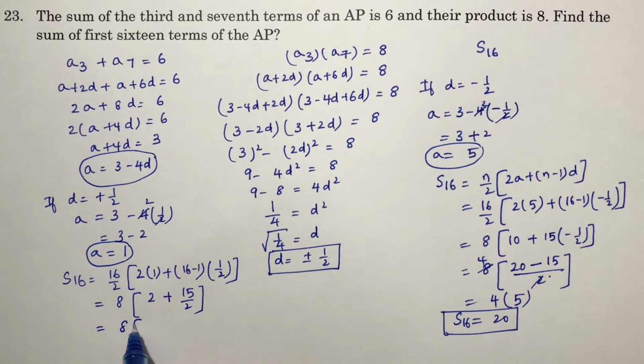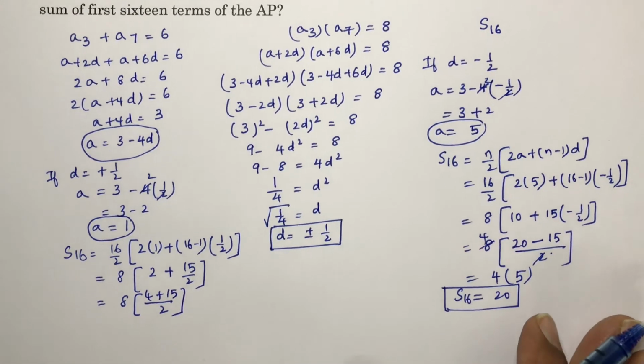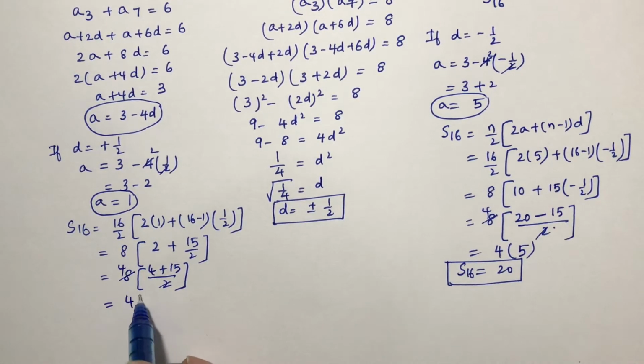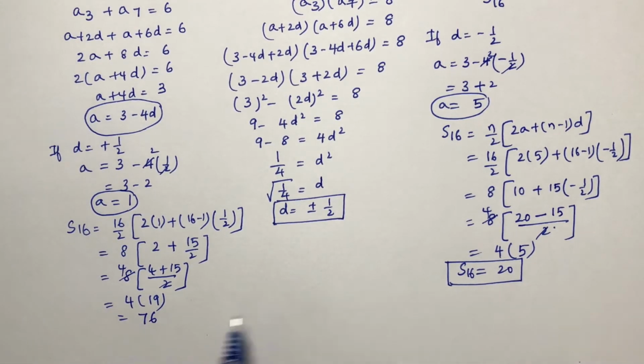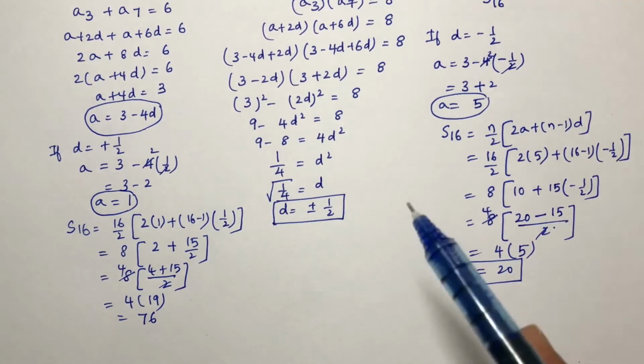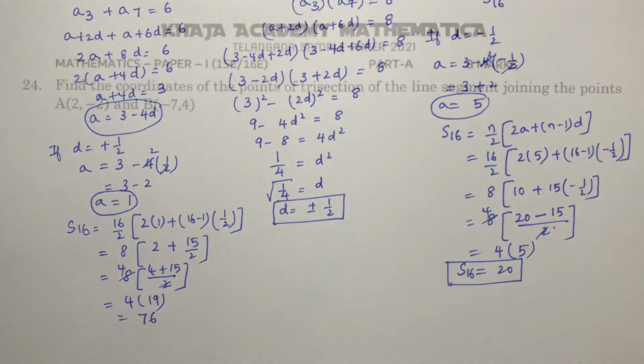Taking LCM 2, 4 plus 15. So 4 into 19, that is 76. Sum of 16 terms is 76 or 20. If D is minus 1 by 2, 20. If D is plus 1 by 2, 76.